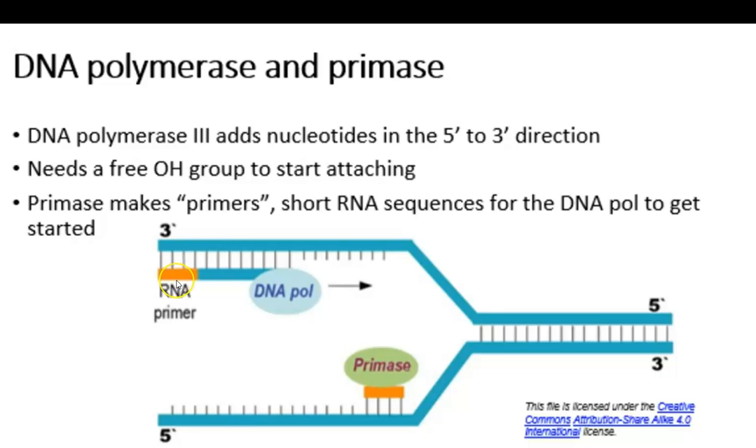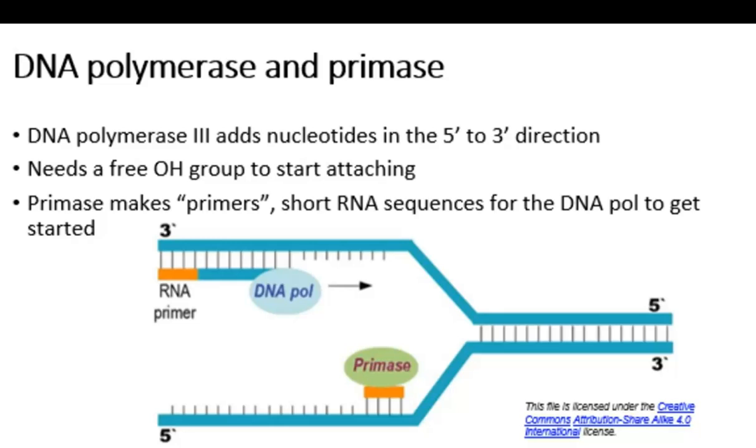Another important part of DNA replication, which you can see in the orangish color, we call this primer. Primers are very small RNA molecules that we need in order to make the new strands with the help of the DNA polymerase.